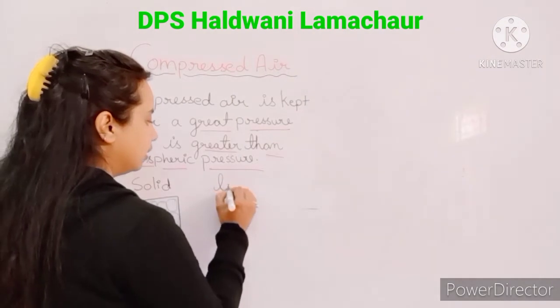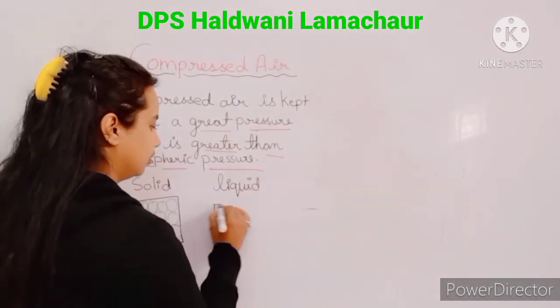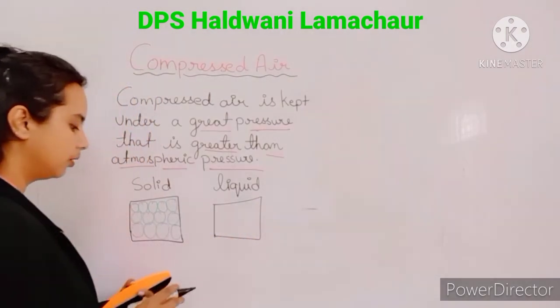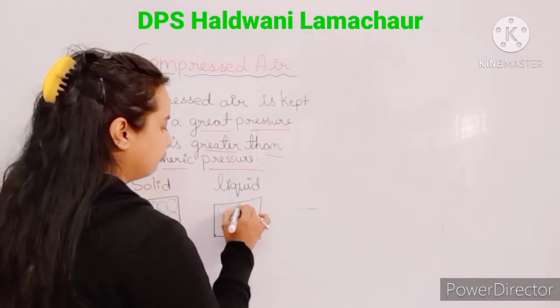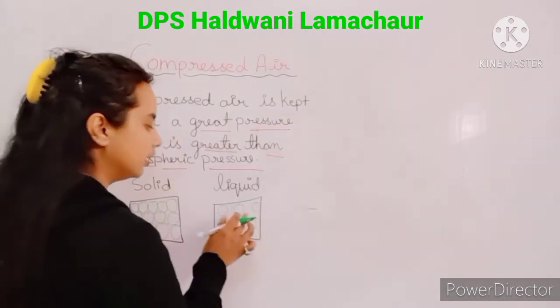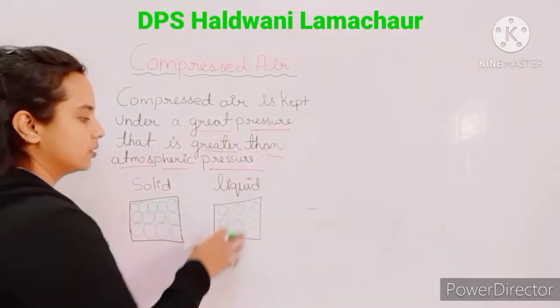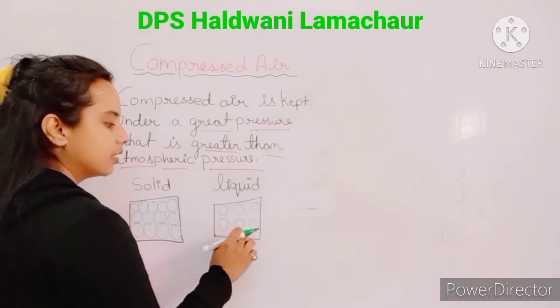Now what happens in the liquid? The molecules are a little bit far apart from each other. They are a little bit apart from each other. So they can move. So here the intermolecular spaces are there.